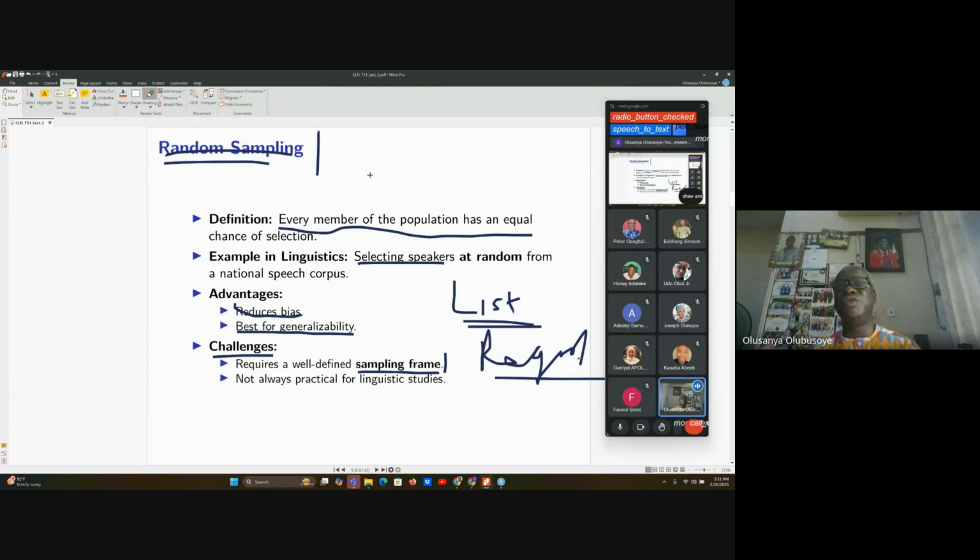So if you are going to employ simple random sampling, the first thing is to generate the list or get the list where possible, maybe in school, maybe in government, maybe you have to, on your own, compile the list.